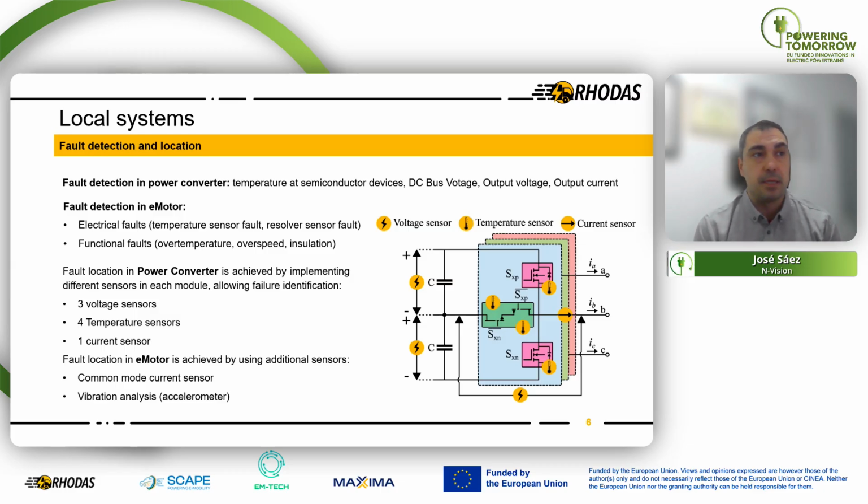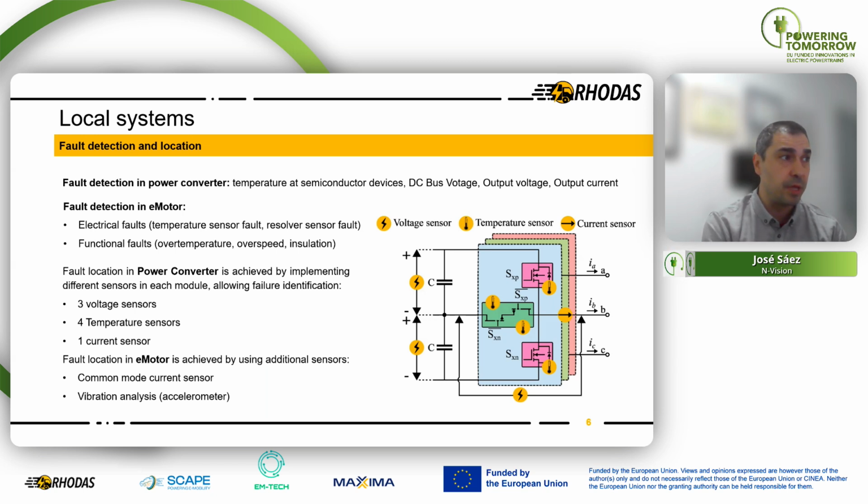In order to be able to monitor, our power converter includes different sensors that can be displayed here. They are strategically placed on the key components that we want to monitor, so we are able to collect temperature, voltage, and current data from these places.